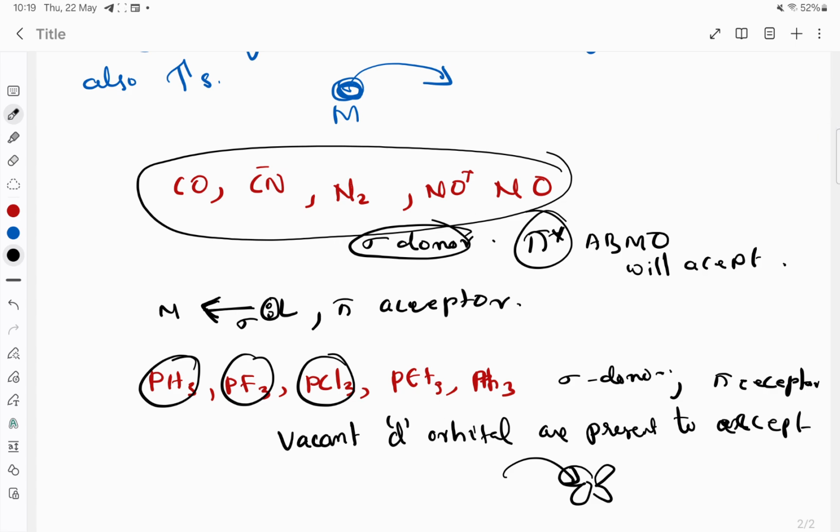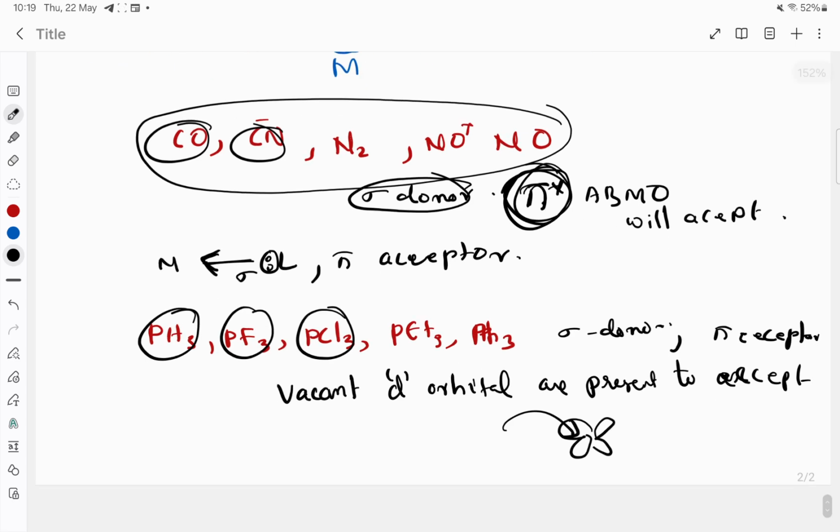So keep in mind that if electrons are filled in the pi star, a higher energy orbital, only then does the bond become weaker. If it is in a normal d orbital, it only gets additional pi bond character and will not get weaker.